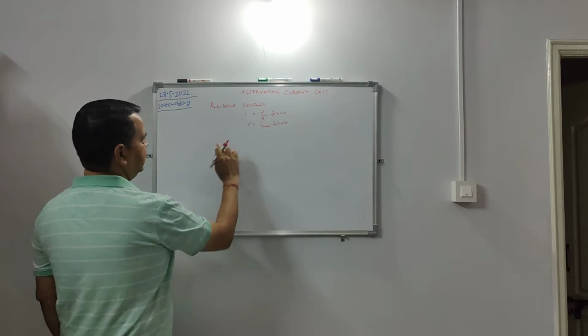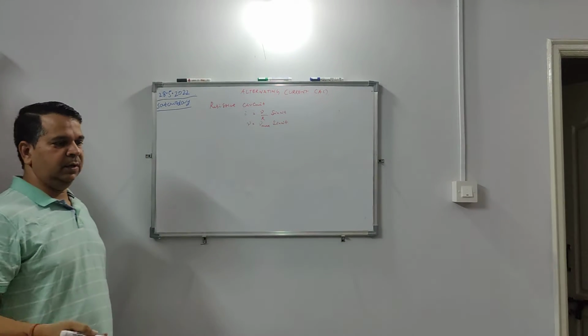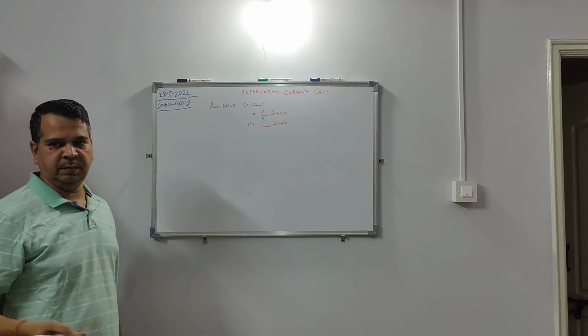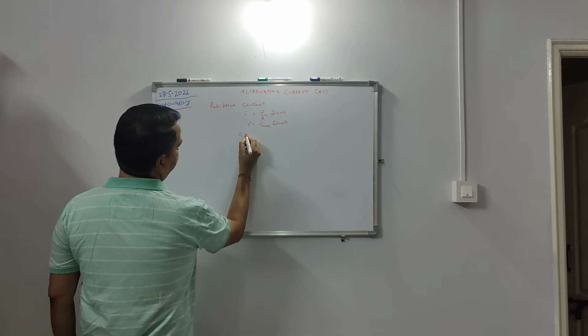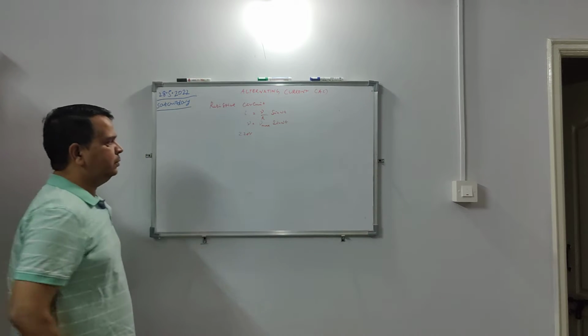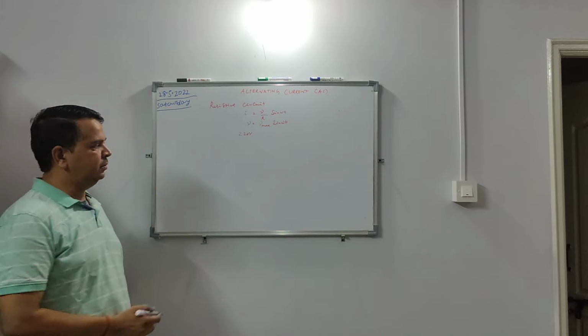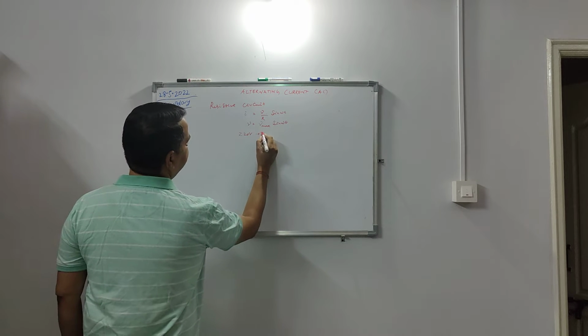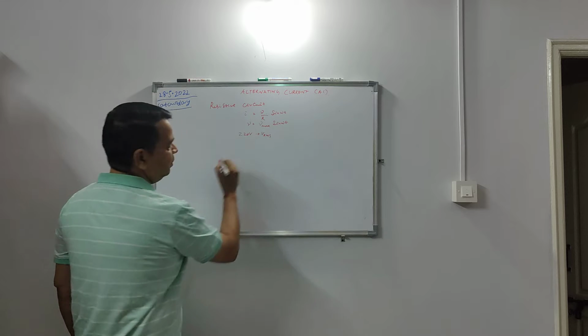Yesterday we were discussing our household power supply. We say it is 220 volt. So what is this 220 volt? Is it Vmax? The answer is no. It is Vrms, which is the effective voltage.